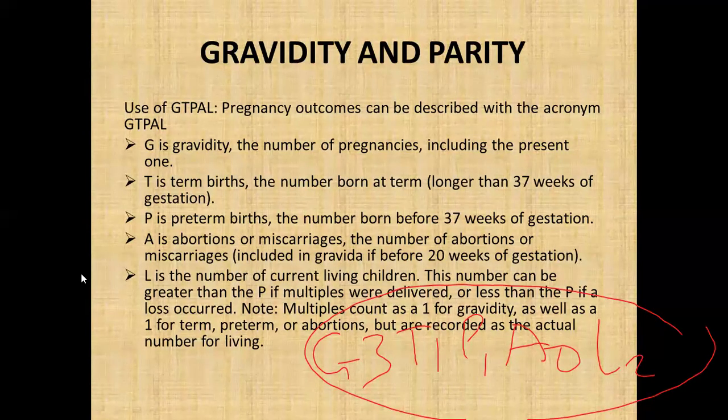That is why when you give birth before 20 weeks, we term it as either miscarriage or abortion, because before 20 weeks, the fetus isn't viable.